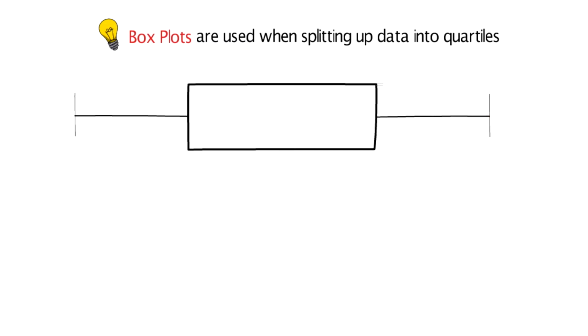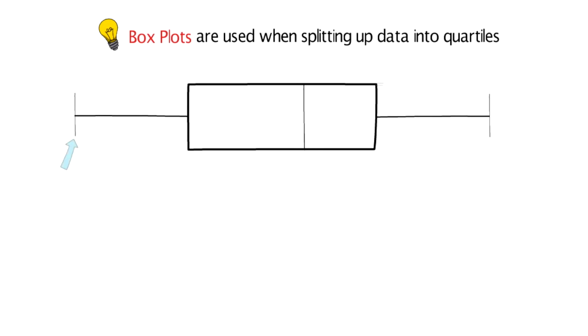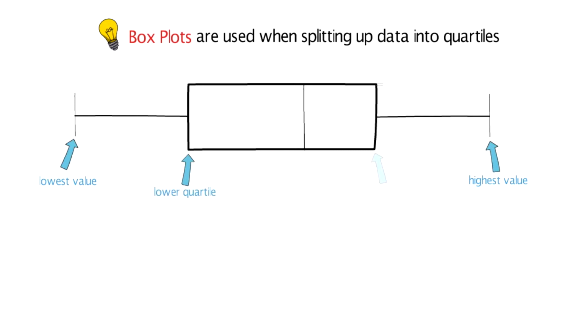And this is how it's drawn, and there are 5 key labels I'm going to point out. The first thing is that at the lower end, that long stick, we call the lowest value, and the highest end we call the highest value. Then the lesser part of your box is called the lower quartile, and the highest part of your box is called the upper quartile.